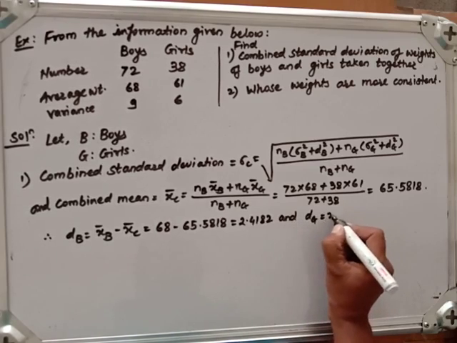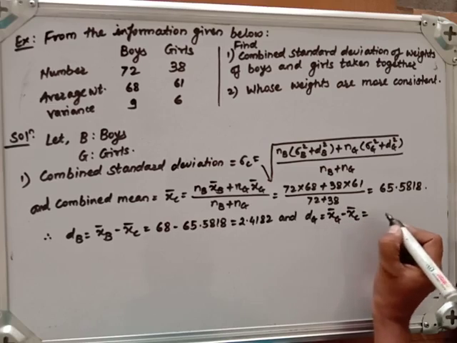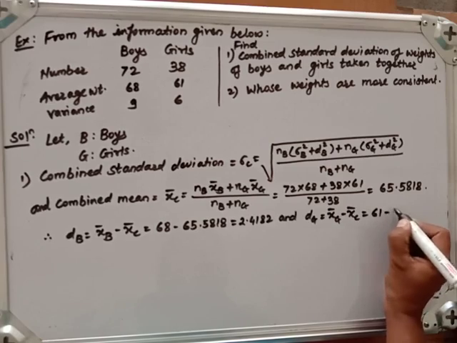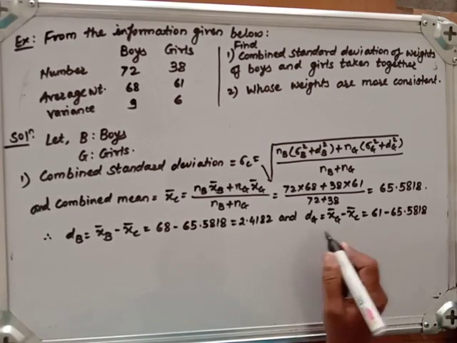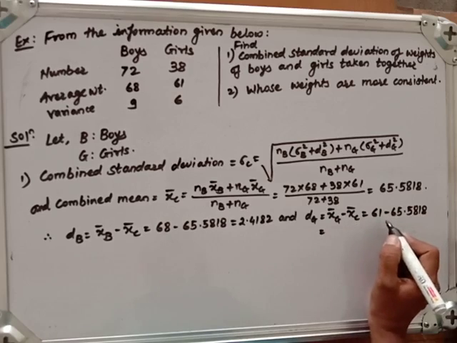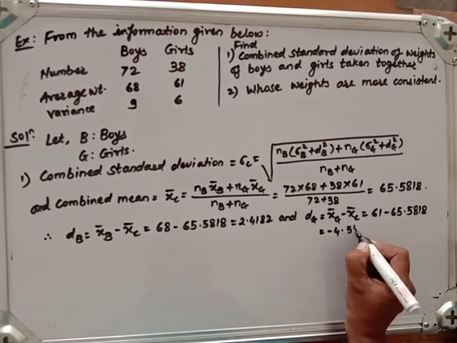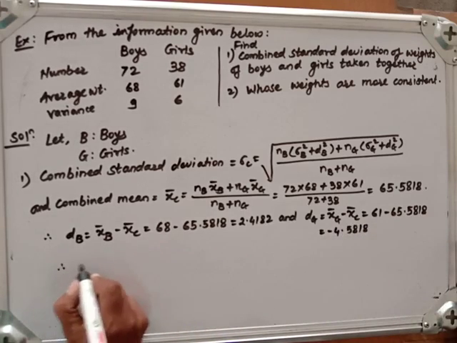DG is XG bar minus XC bar, 61 minus 65.5818, which is minus 4.5818.